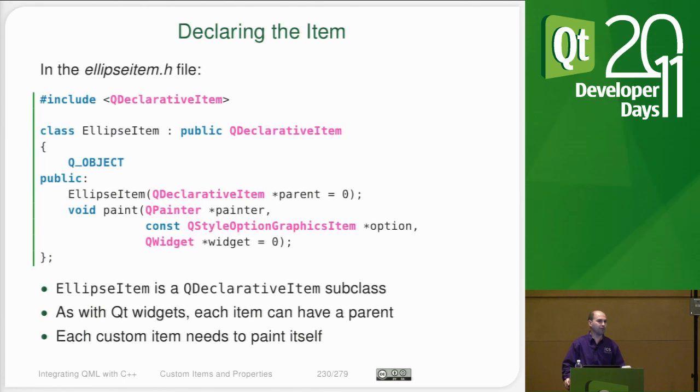Just like you do for QObjects and QWidgets, there's going to be a parent-child hierarchy. We've already used that. Then you need to implement the paint function. This actually maps one-to-one, because QDeclarativeItem inherits QGraphicsItem, and QGraphicsItem has the paint method that takes in a painter, a QStyleOptionGraphicsItem, and a widget pointer, which is the widget you're being drawn on.